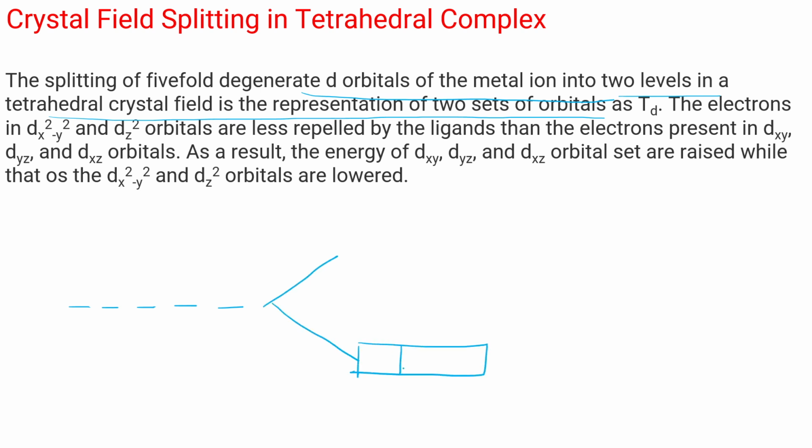The orbitals present in between the axes, dxy, dyz, dzx, have their energy increased, and the splitting is called delta TD, or delta tetrahedral.